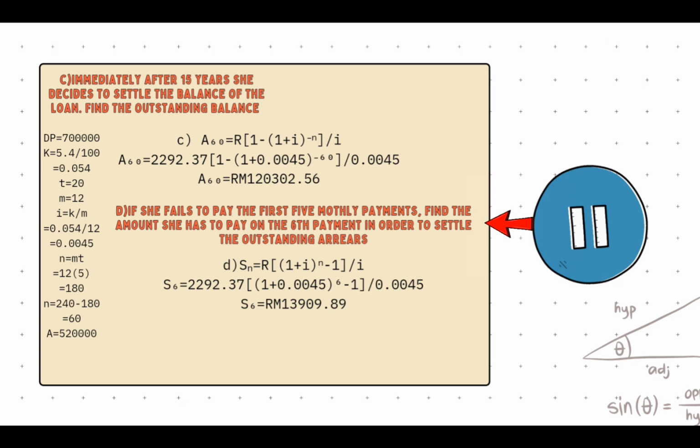Now, question D. If she failed to pay the first 5 monthly payments, find the amount she has to pay on the sixth payment in order to settle the outstanding arrears. So the formula for accumulated arrears is S equal to R, open the bracket, open bracket again, 1 plus I, close the bracket, to the power of 6 minus 1, close the bracket, divide by I. So we substitute the numbers: 2,292.42, open bracket, 1 plus 0.0045 to the power of 6 minus 1, close the bracket, and divide by 0.0045.